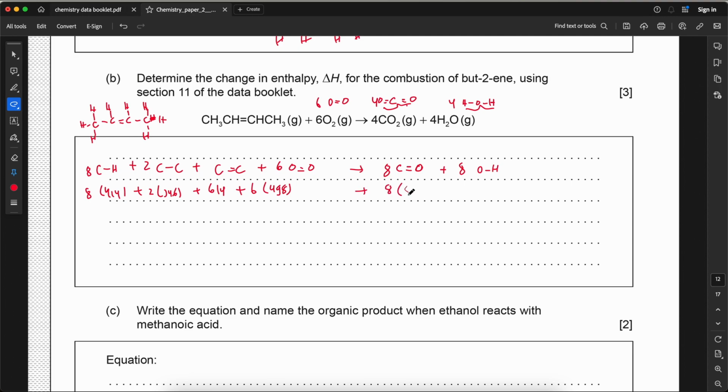So 804 plus 8 times 463. So the total will be 7,606 and 10,136. Delta H will be 7,606 minus 10,136, which is negative 2,530 joule.